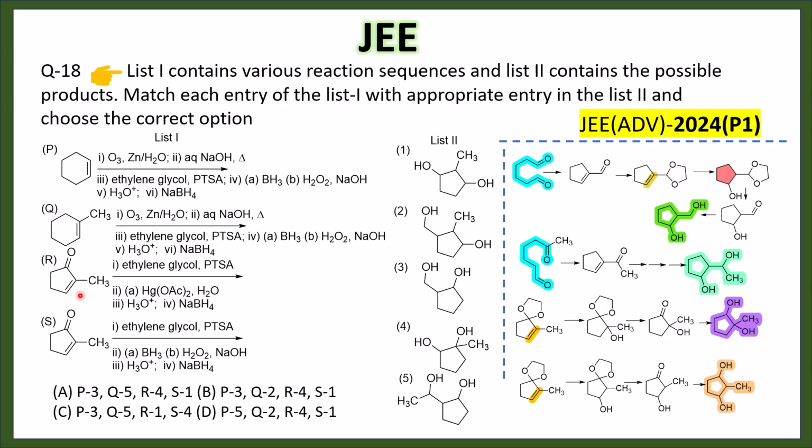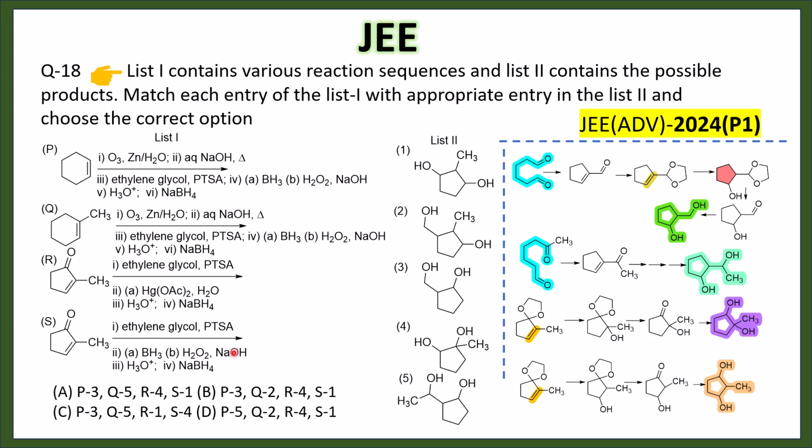Again for this third one, this protection happens first, then oxymercuration at the center gives this Markovnikov alcohol, the tertiary alcohol, at this center. Further deprotection with dilute acid gives the ketone, and then sodium borohydride reduction gives this tertiary alcohol at this center.